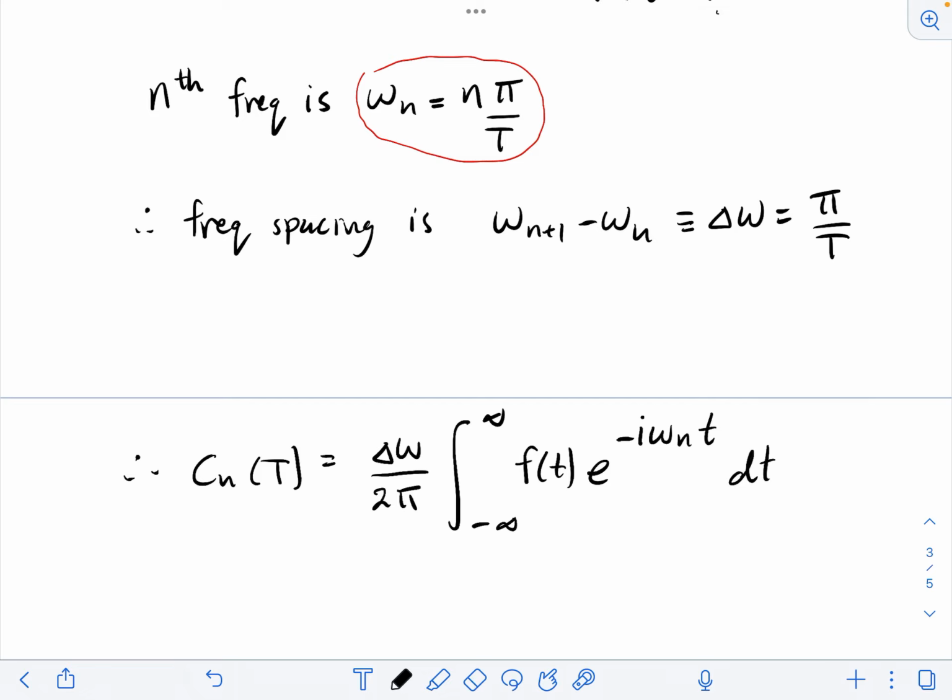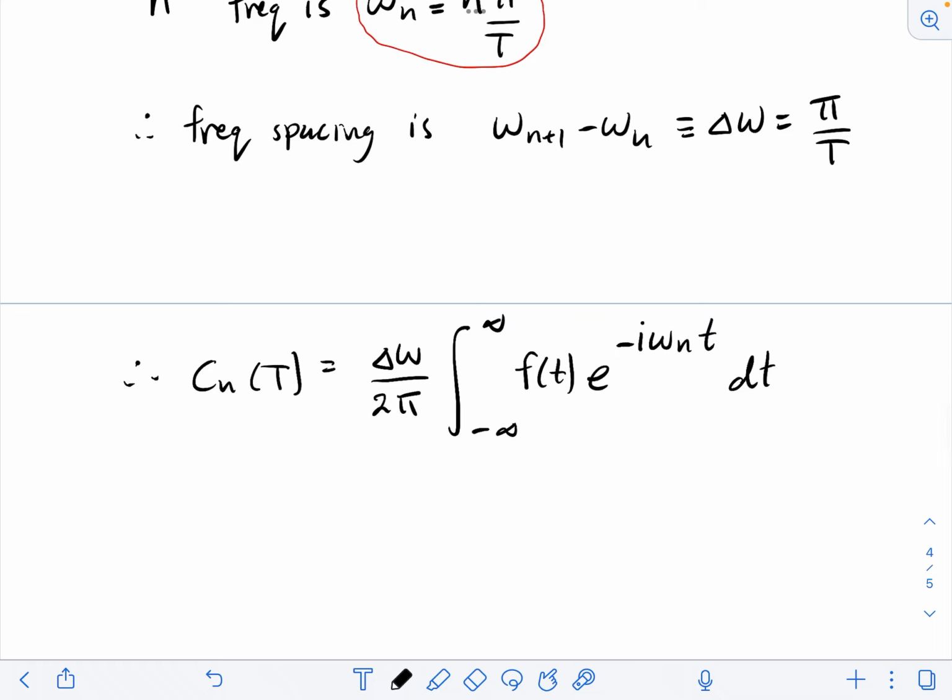Okay, so something that we're going to make use of in just a moment here is that this integral is going to be defined as this f hat of omega n. So notice if you were to actually evaluate this integral, you're going to integrate over time, and so all the time dependence inside the integrand will vanish, and you'll have something that just depends on omega n.